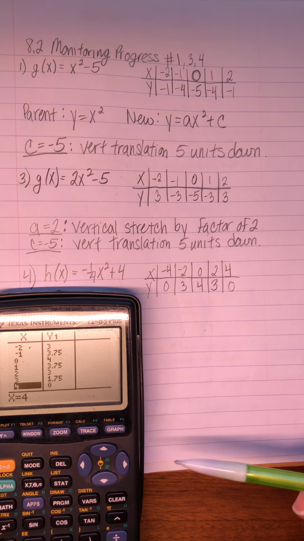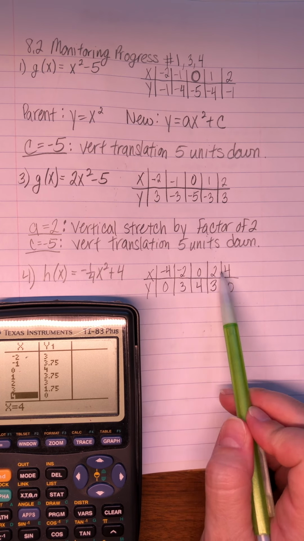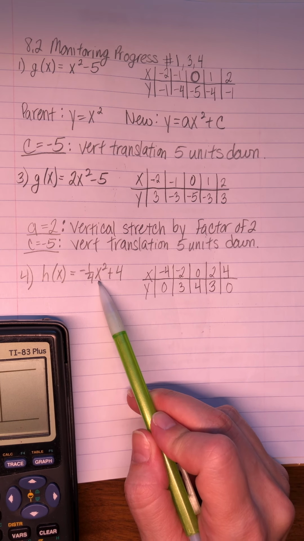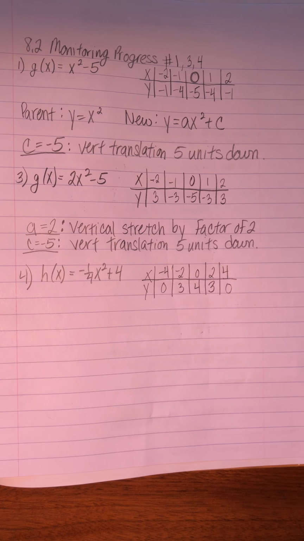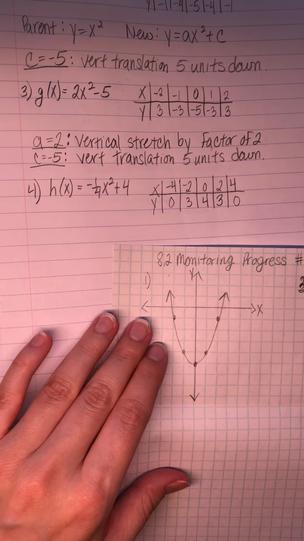Now you don't have to use your graphing calculator to get these. Remember, you can take these x's and plug them into the equation one by one to find these, but I think using your graphing calculator is a lot faster. Okay, let's take these values and let's plot them on the coordinate plane here.